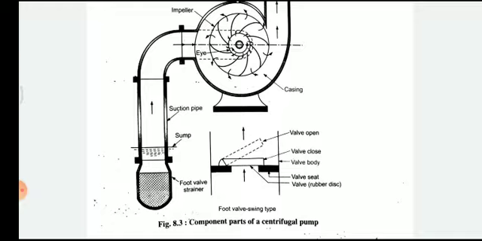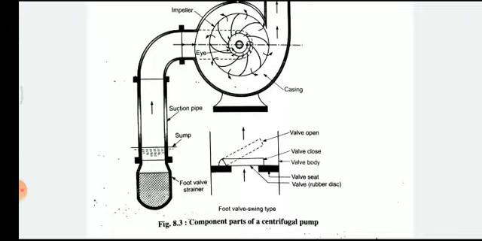So what happens here is, when suction starts, the valve automatically opens, and when it stops, that means if the electricity stops and the pump is not working, then the valve automatically closes.